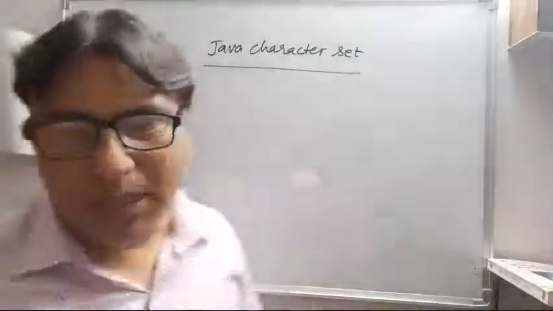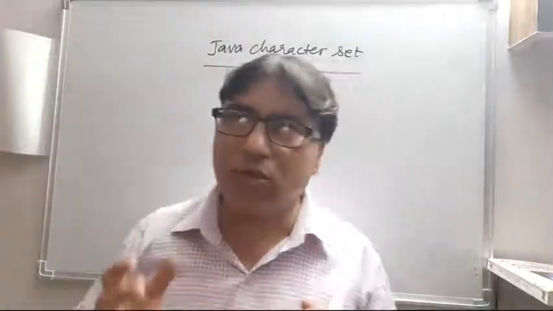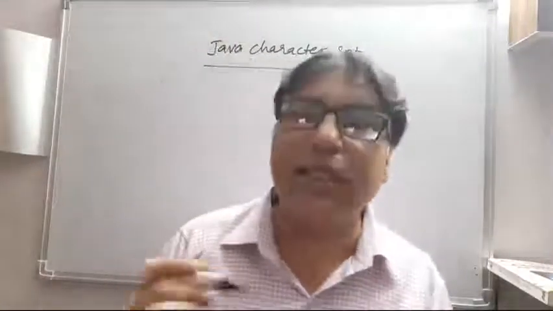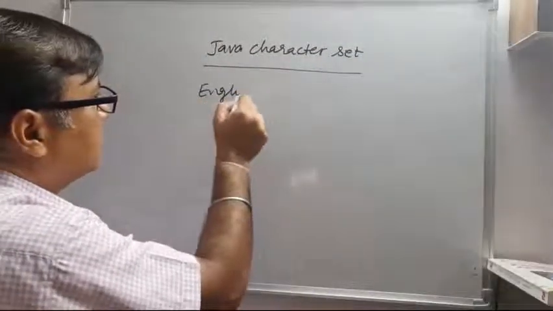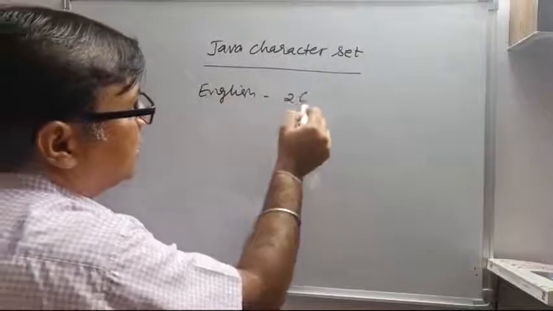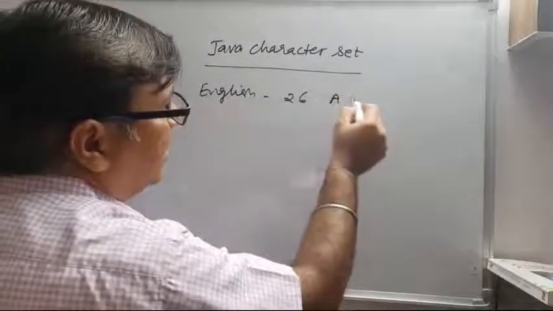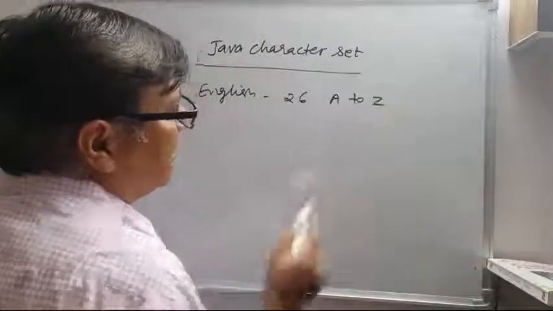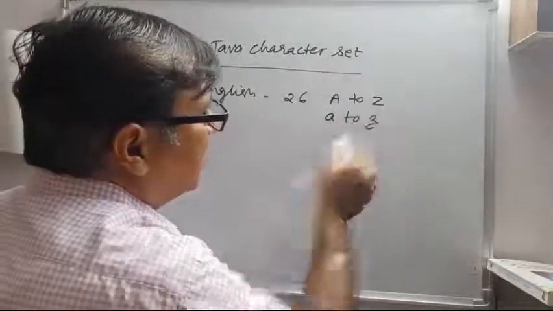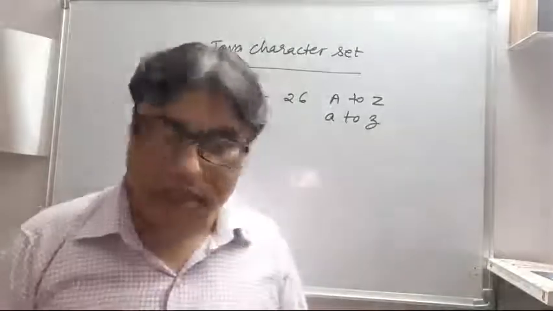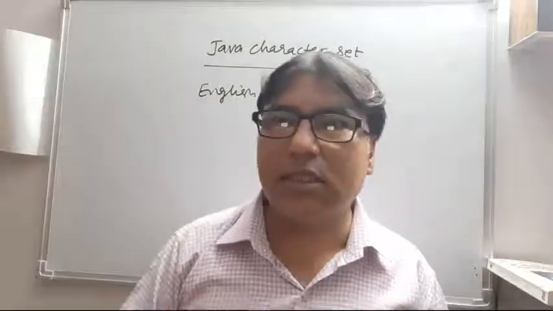Suppose for example every language has its own character set. Suppose for example English is a language. English has 26 characters, that is capital A to capital Z or small a to small z. Okay, this is the English language character set.